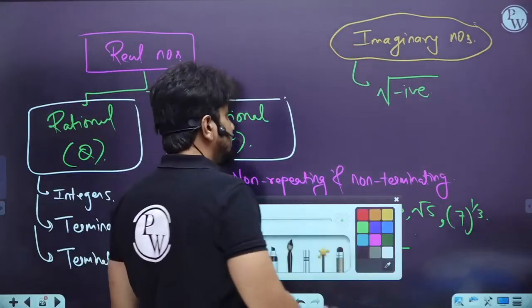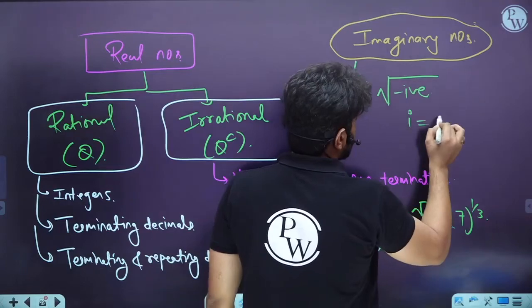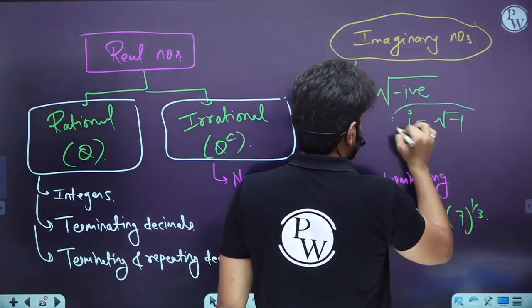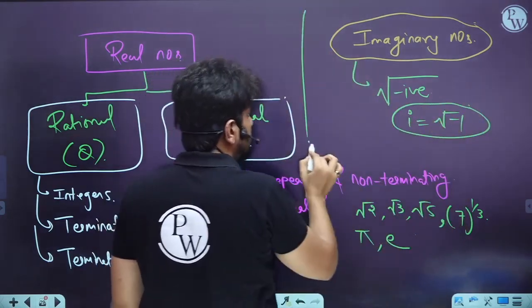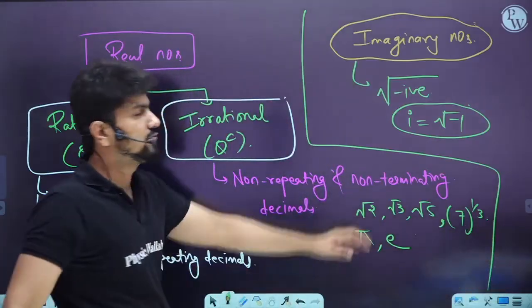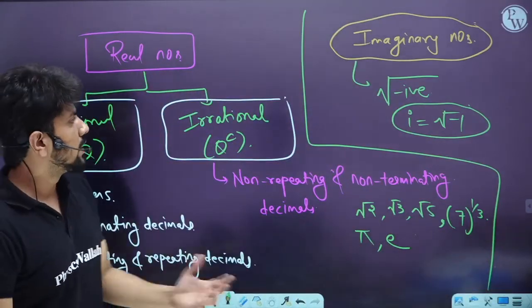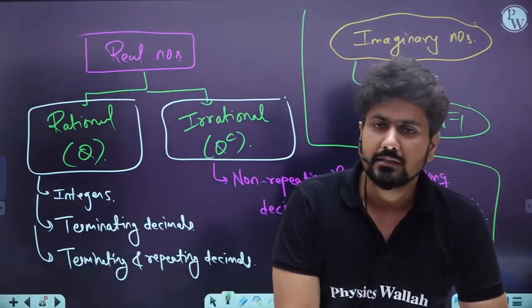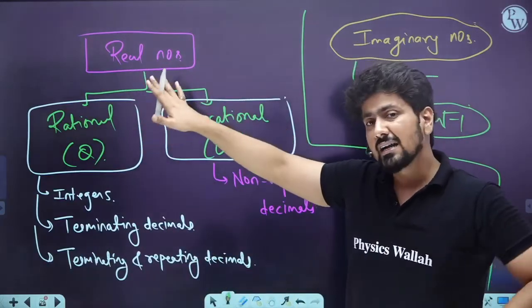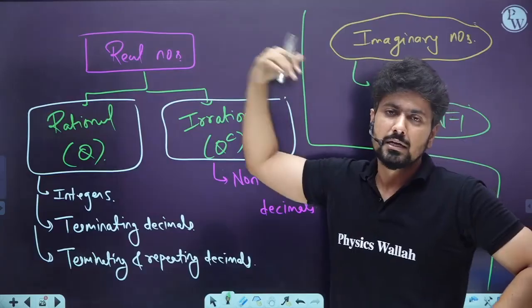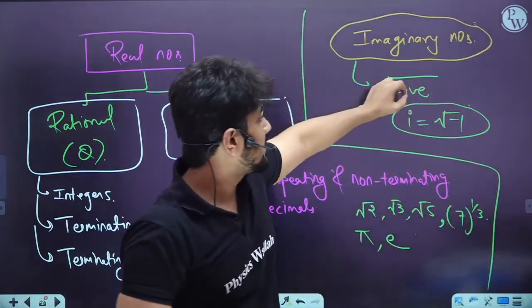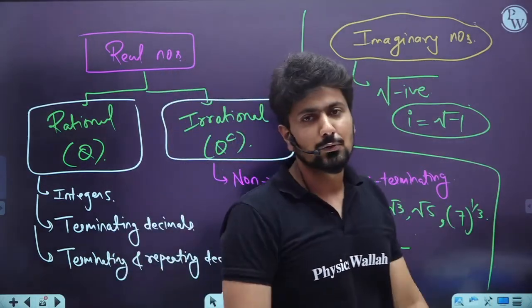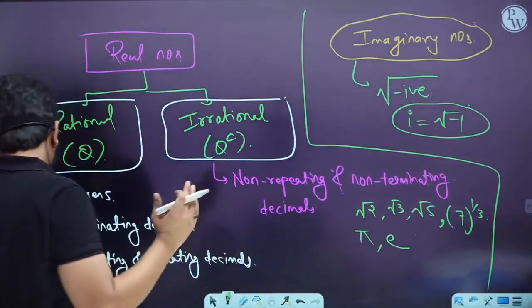A very famous imaginary number is iota, which is under root of -1. That's all you need to know about imaginary numbers for now. You will learn more about them in the chapter complex numbers. But see, in real numbers, we can't have a negative inside under root, but the imaginary number has a negative inside the under root.